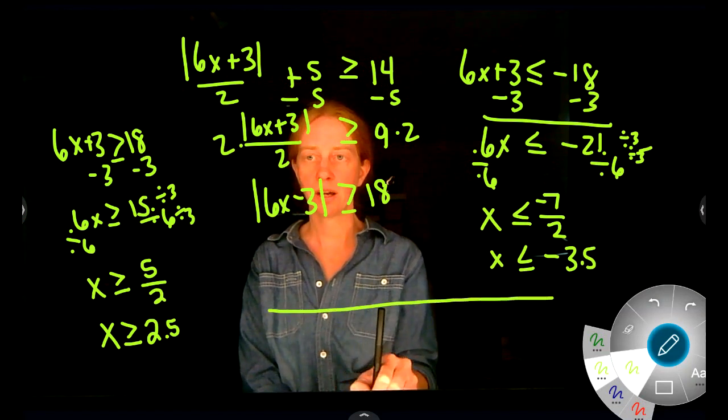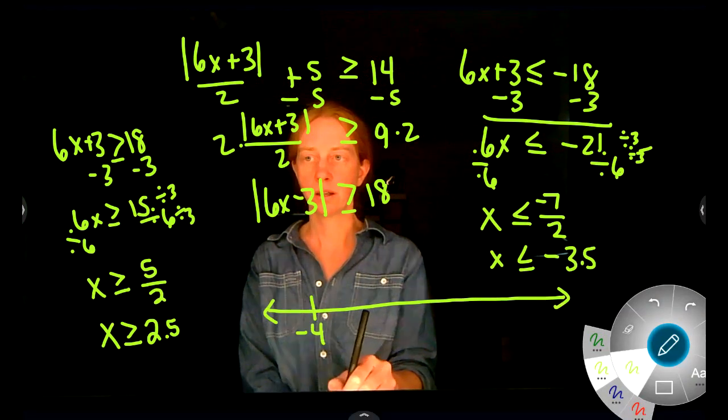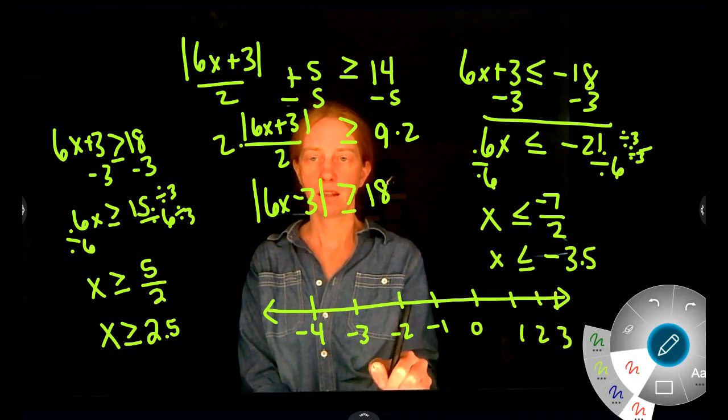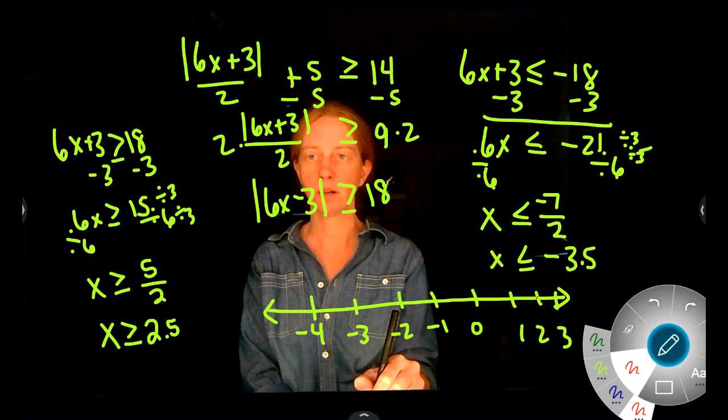So we have a number line. We have negative 4, negative 3, negative 2, negative 1, 0, 1, 2, 3. Okay, and then when we draw this, we have x is greater than or equal to 2.5. So closed circle over here on the 2.5.